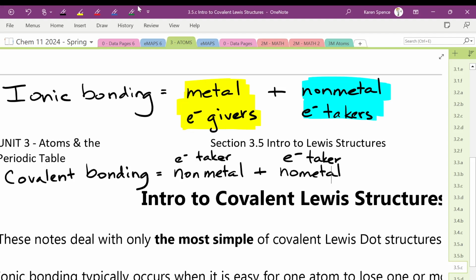So do you see the difference between ionic bonding and covalent bonding? Okay. And you can only share electrons if you have 2 electron takers. Okay? Because everybody's trying to take the electrons, and then they just both end up holding on to them.